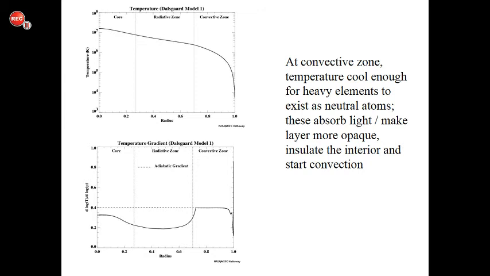So it insulates the interior, and that means you have a heat source on the bottom of the convective zone and a place for that heat to go at the top surface. And so you have convection start. So the energy effectively radiates through the core, and then randomly radiates through the radiative zone. And then there's convection through the convective zone.